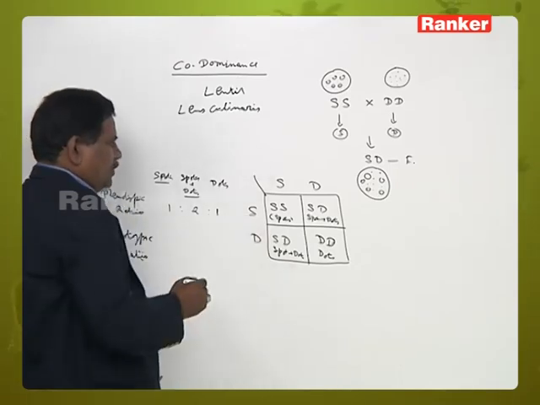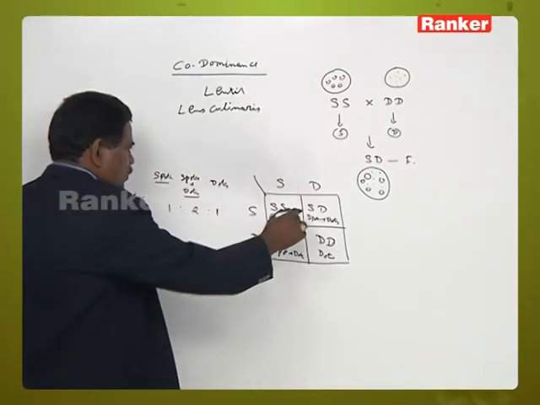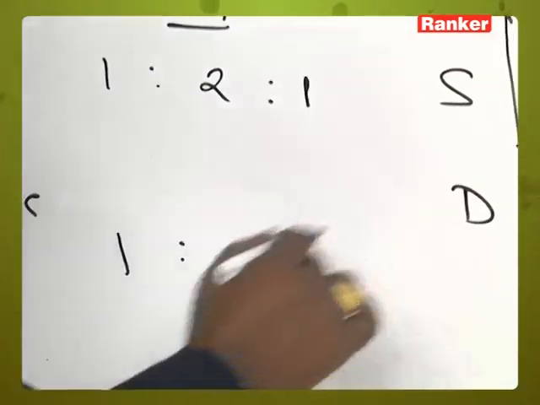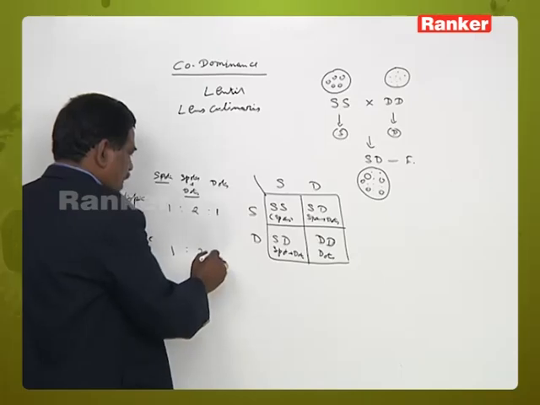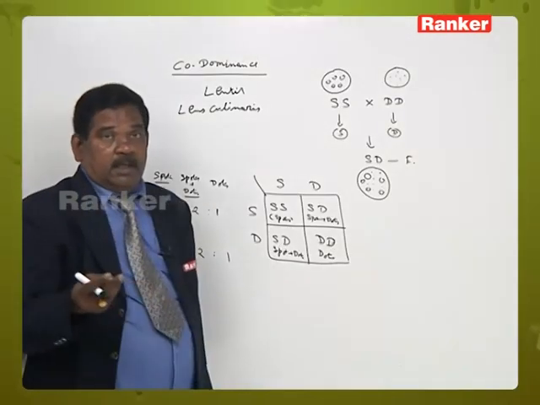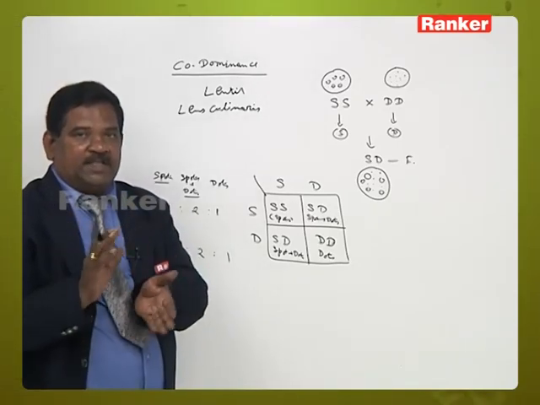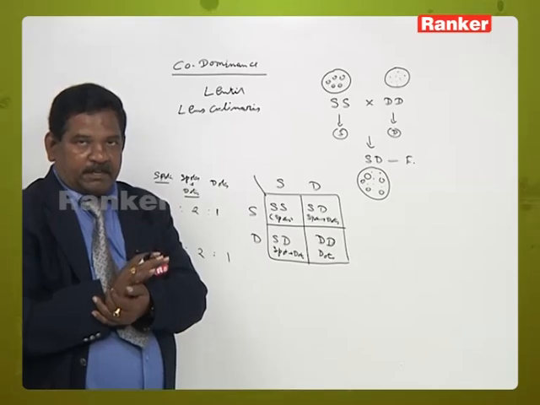Genotypic ratio: only spot 1, both spot and dots, that is S and D, 2, and only D 1. In codominance also, both phenotypic ratio and genotypic ratio are the same.